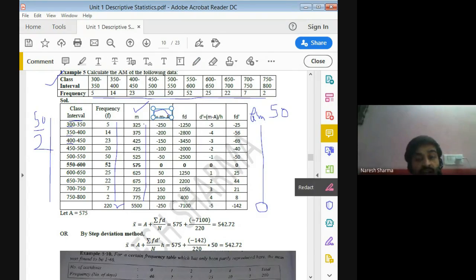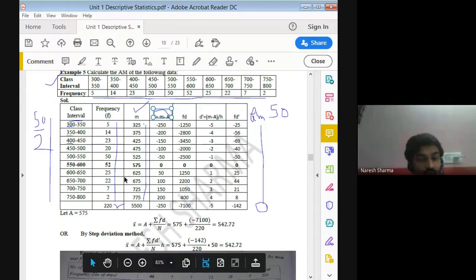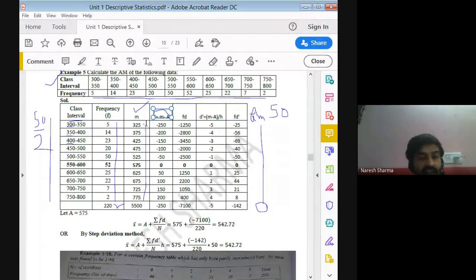For that we require the a. So a is your assumed mean, and for your assumed mean you just arbitrarily pick a midpoint somewhere here, an intermediate value you may say.